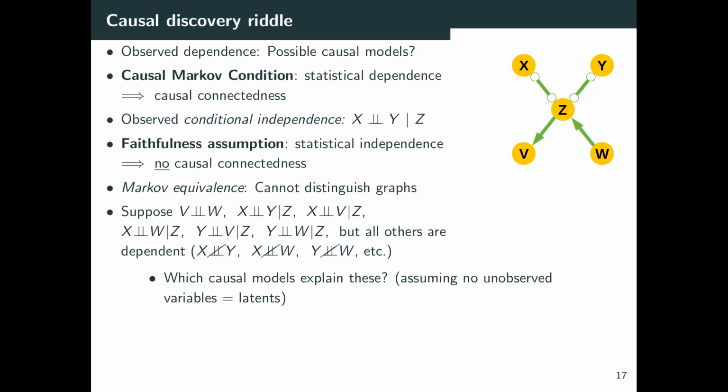If you take the contraposition of the faithfulness assumption, then there must be a dependence between V and W if this is the correct causal model. And since this is not the case, we can exclude that.